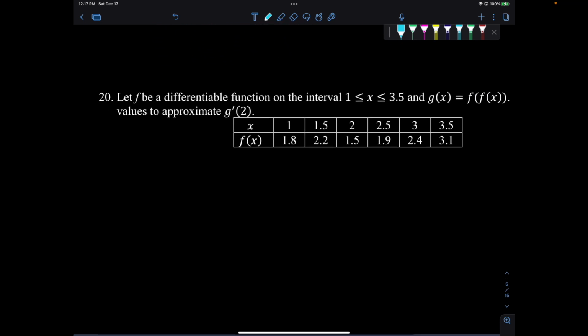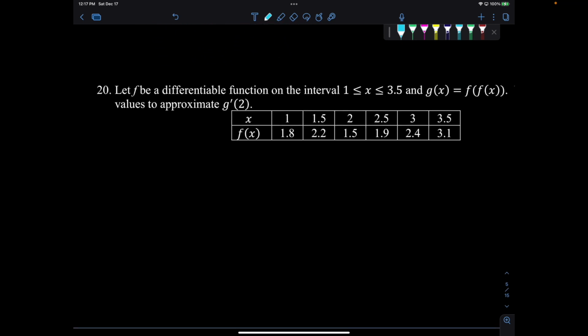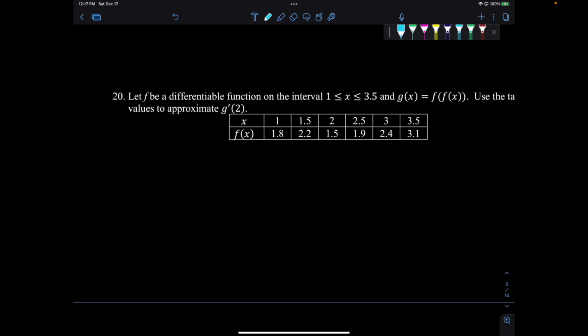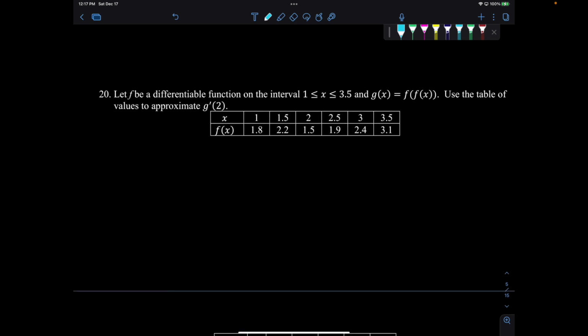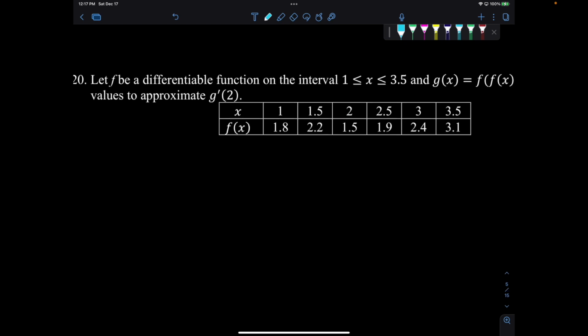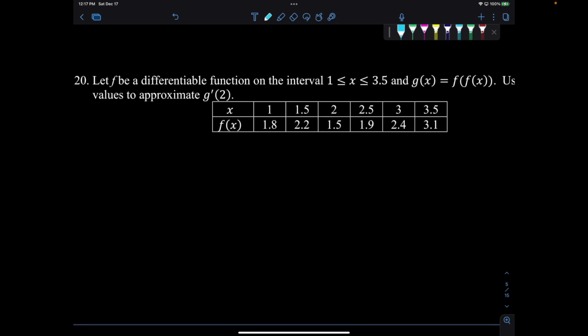All right. Similar question. Let f be a differentiable function on the interval from 1 to 3.5, and g of x equal f of f of x. Use the table of values to approximate g prime of 2. Okay, so g prime of x is going to be f prime of f of x times f prime of x, the chain rule.